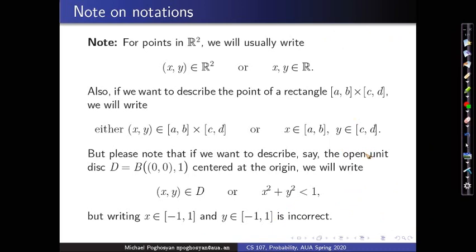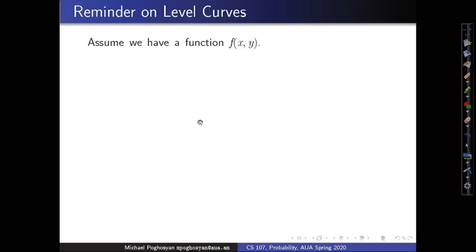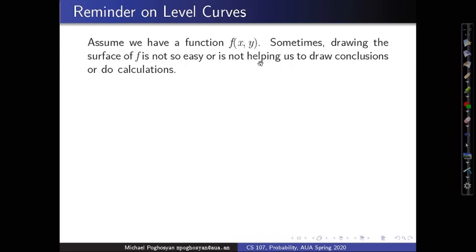Okay, so let's move forward. We will use level curves. Just a quick reminder on level curves and geometric interpretation. Assume we have a function of two variables f(x, y), and we want to draw the graph, to visualize what is happening with the graph of f.